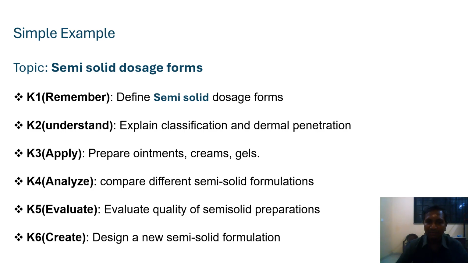At the analyze level, students should be able to compare different semi-solid formulations. At the evaluate level, students should be able to evaluate the quality of semi-solid preparations. Finally, at the create level, students should be able to design new semi-solid formulations. Thus, Bloom's taxonomy helps in organizing learning from basic knowledge to advanced skills.